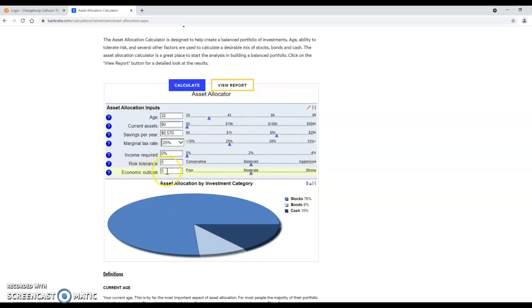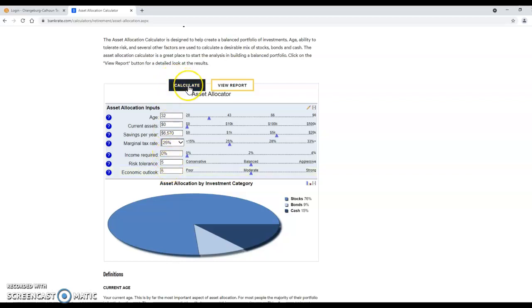The economic outlook for the future, again, is 0 to 10, and a 5 is just kind of in the middle. So I just left it at that. But if you think there's a strong economic outlook for the future, or a poor one, then you can change that setting there.